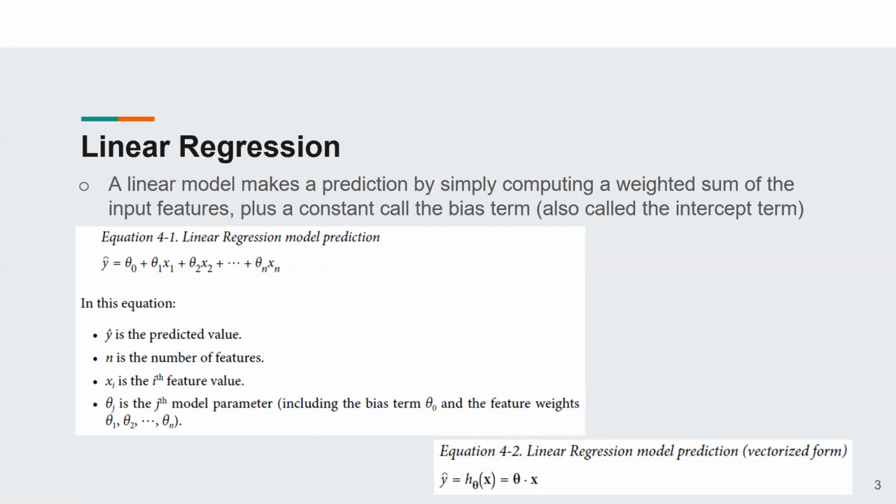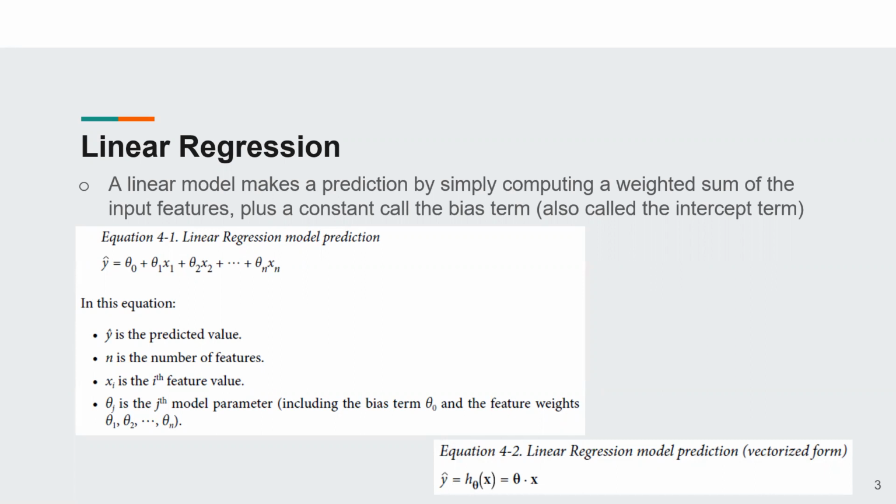So if you look at this equation, you can see y estimate equals theta 0 plus theta 1 x1 plus theta 2 x2 all the way to theta n xn. And then this theta 0 is called the bias term or intercept term. And then theta 1 x1, etc., are the weighted sum of the input features.